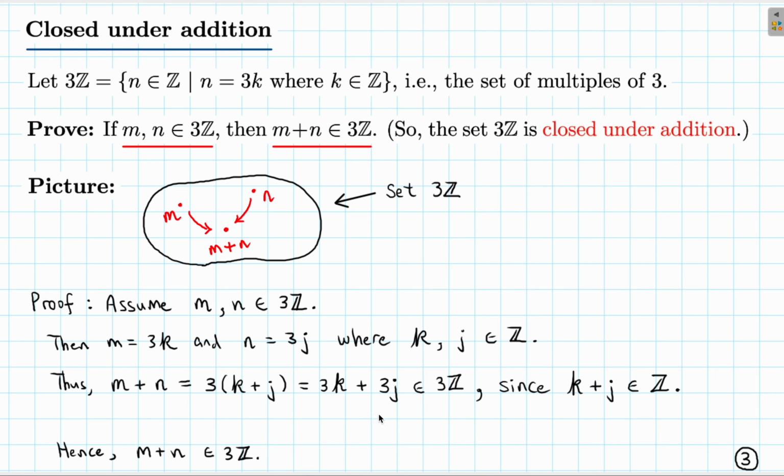Now the next line, this is where we have that subtle error, because if we were to reason this through, the order of steps would be m plus n. Well, then we substitute to get 3k plus 3j. And then we would factor out the 3 and get 3 times an integer, namely k plus j.